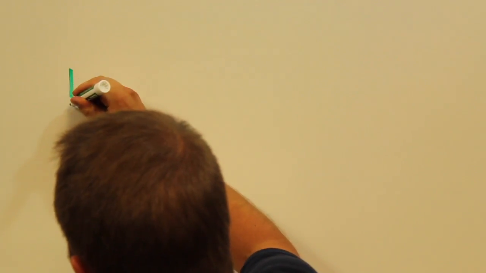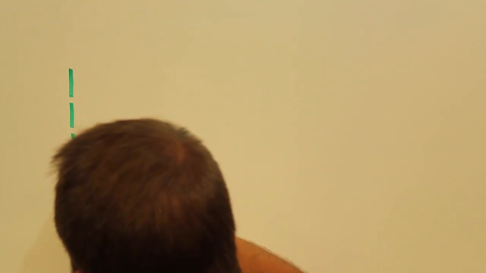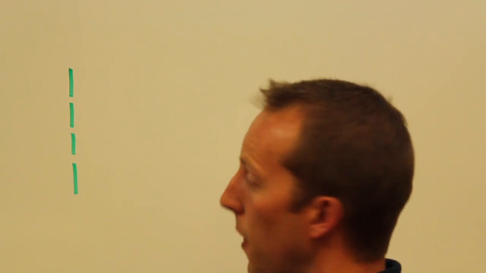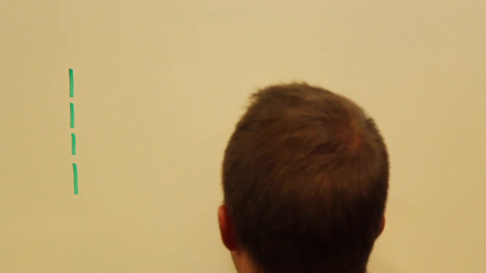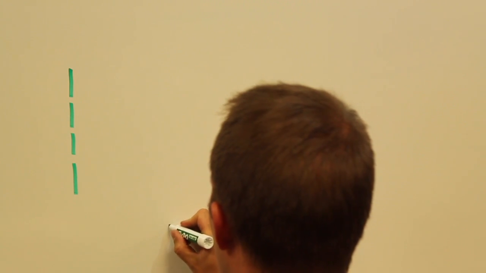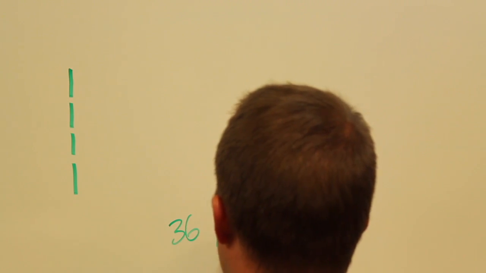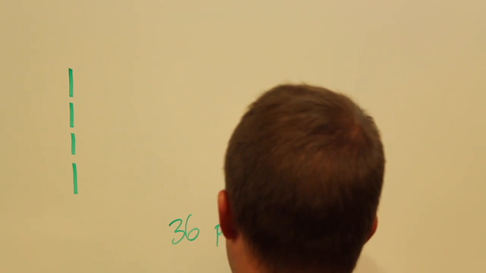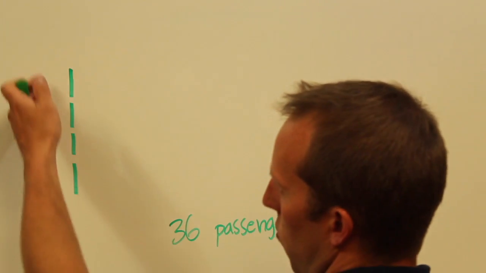All right, so now we're going to use a tile array to solve the same problem. So we know that there are 1, 2, 3, 4 people in a row, and we know that there's a total of 36 passengers. So we know this side.